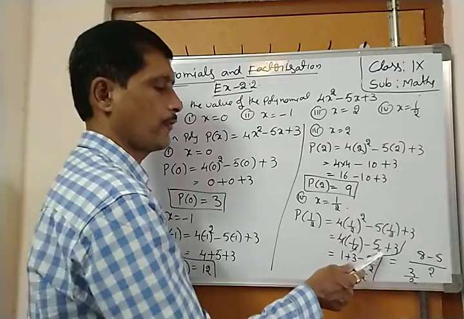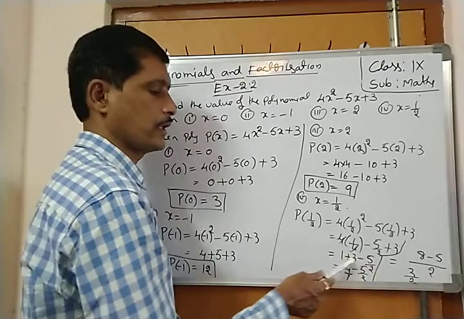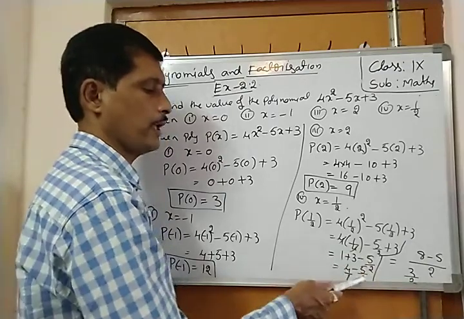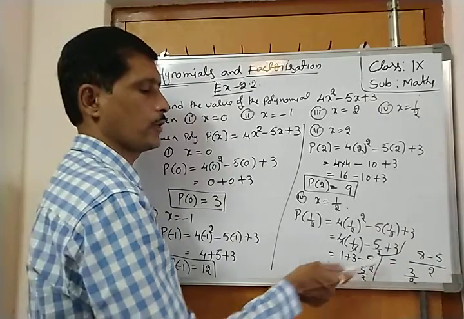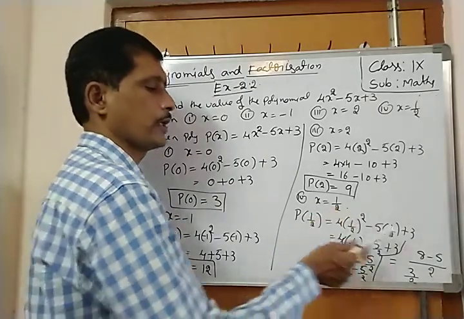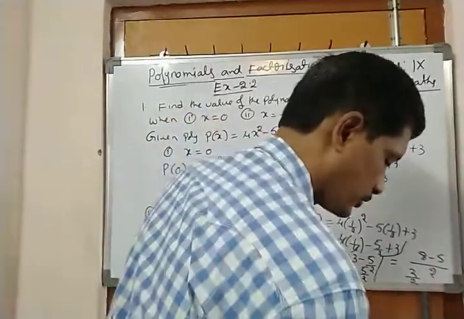Minus 5 by 2 plus 3. Here the 4 gets cancelled, that is 1 plus 3, that is 4 minus 5 by 2. Find the LCM, the LCM is 2. 2 times 4 is 8, minus 5 equals 3 by 2. Next question.